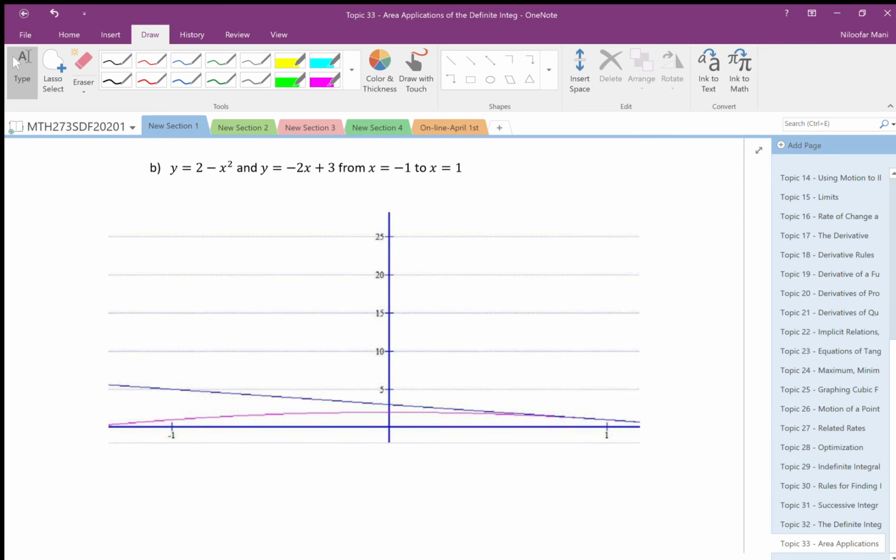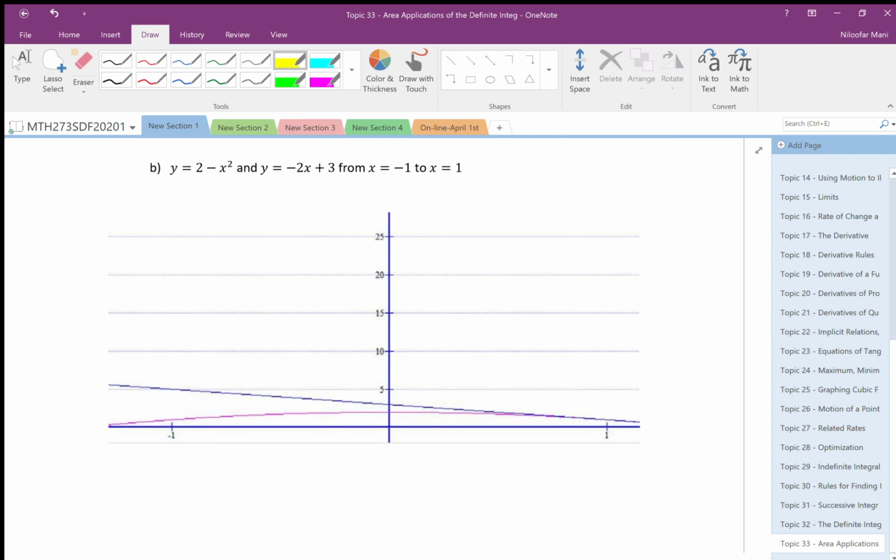So here, how about here? I can see I have 2 minus x squared, and I have 3 minus 2x.